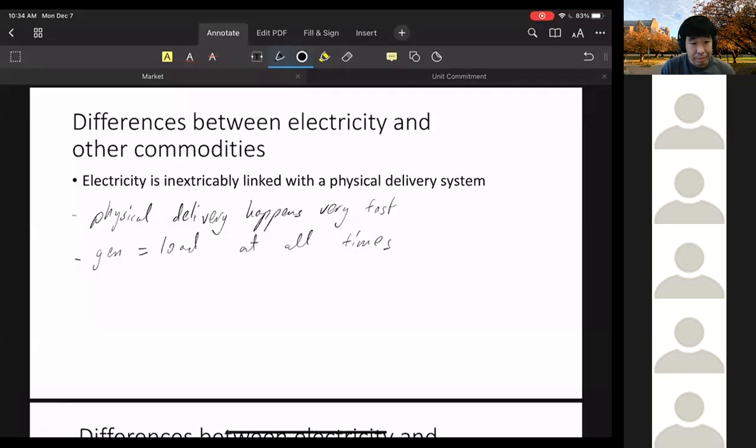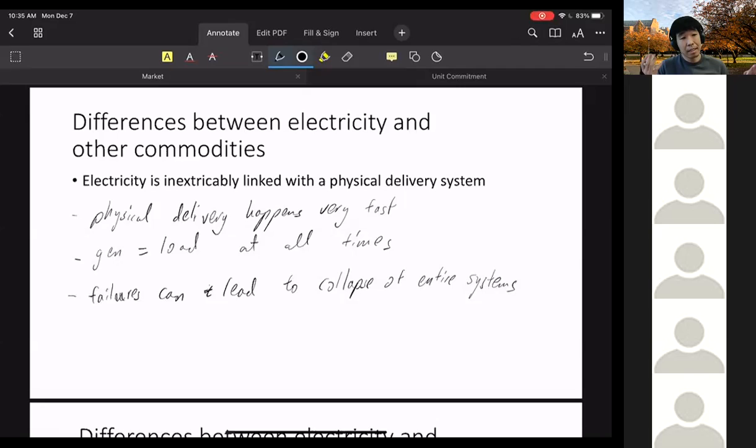Also, failure of the balance can lead to the collapse of the entire system.